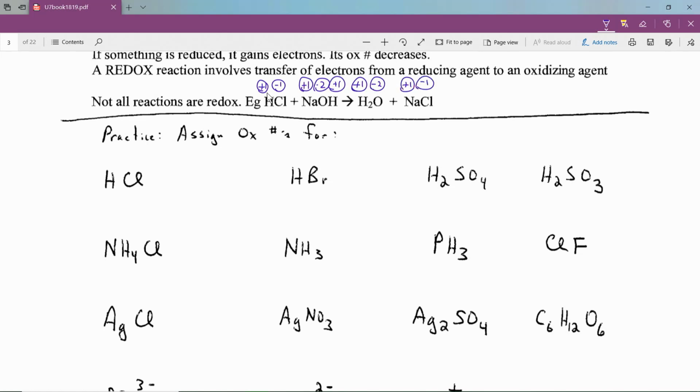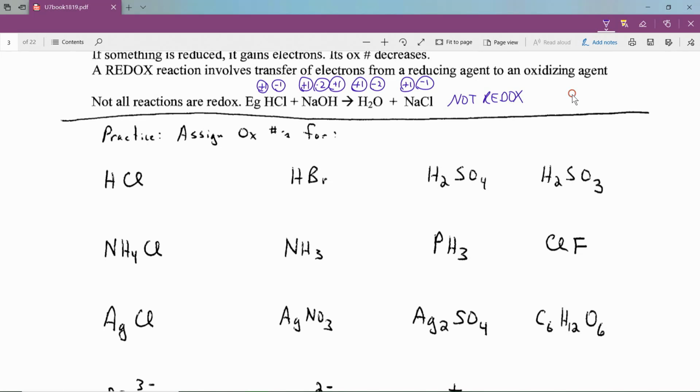If I look for changes from the reactants, hydrogen goes from +1, oh, it's still +1. Sodium goes from +1, still +1. Chlorine goes from -1, still -1. Oxygen -2, still -2. So this reaction here, this double replacement reaction, is not redox. So some reactions are redox, some are not.